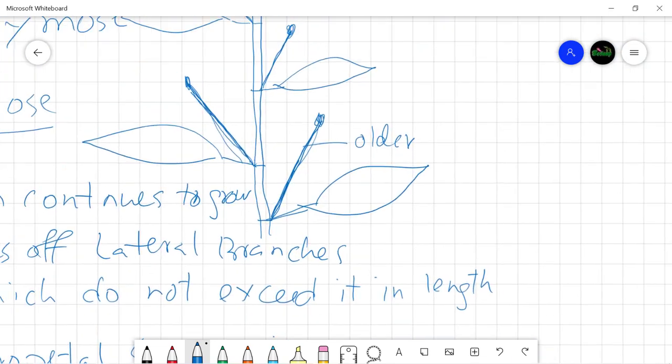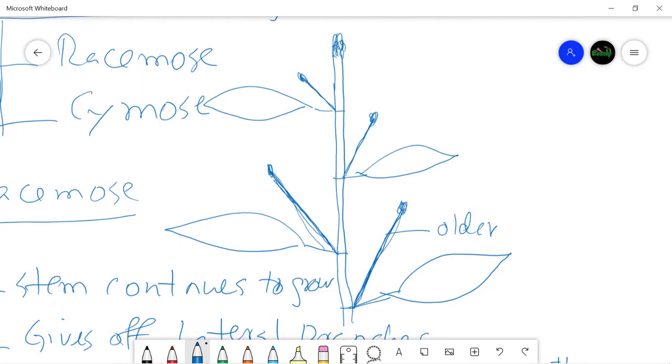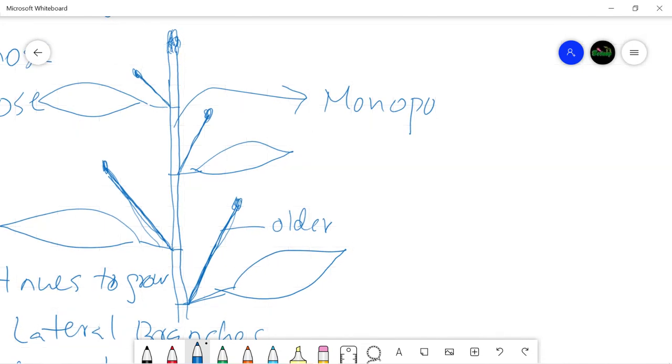Now in racemose branching, as you can see, we have one main axis, a single main axis, and this is known as monopodium, however you like to pronounce it. Monopodium, since it's single, mono, one, and pod for foot, so this is the main foot or main supporting structure of the plant.